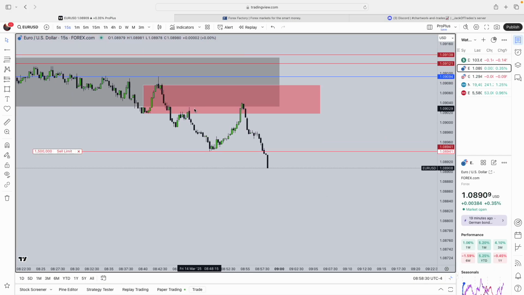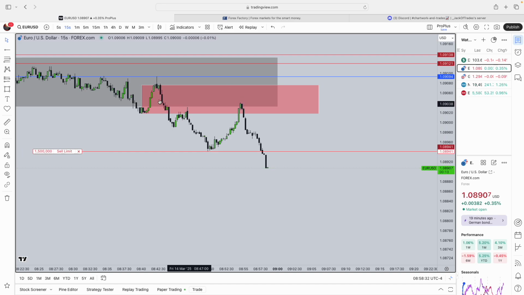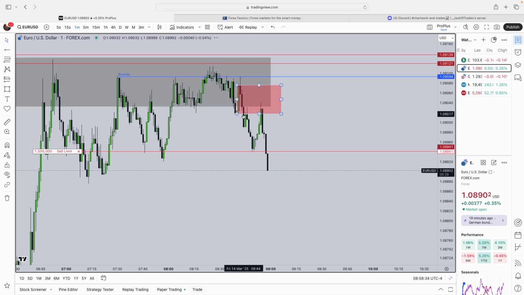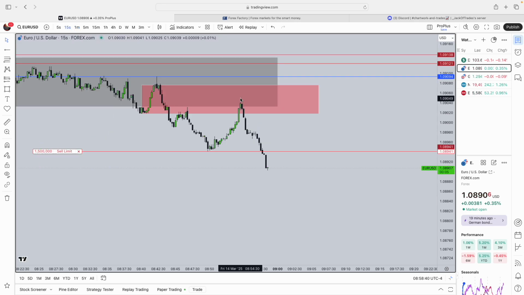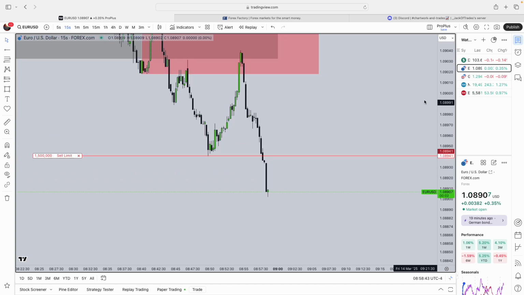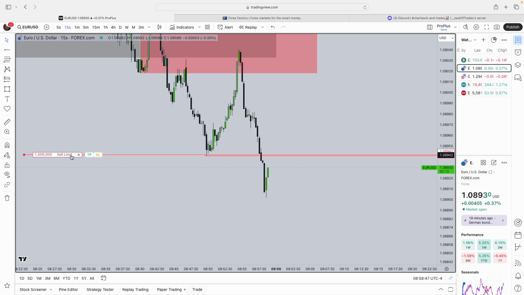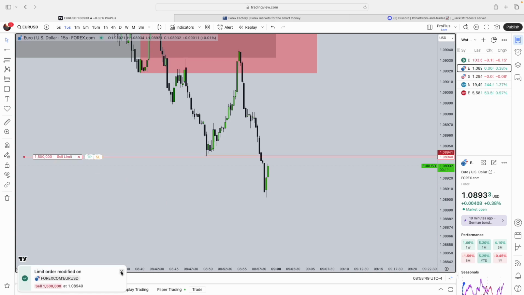Well, I had a sell limit here. High, low, high, high runs into this red box, which is the order block here. This was an order block, but price obviously traded to this one here, made the breaker. See if price wants to come back into this here. Fair value gap there, which lines up nicely with the breaker. Let's have a look.